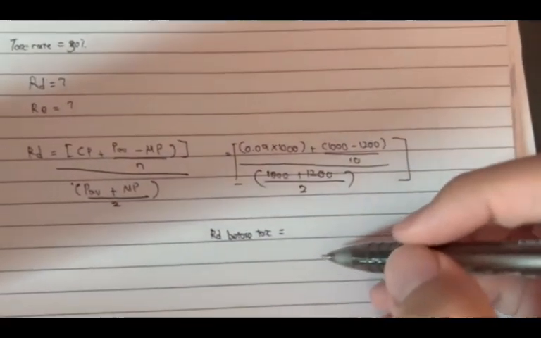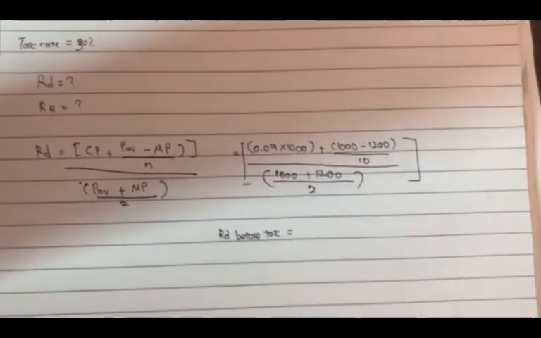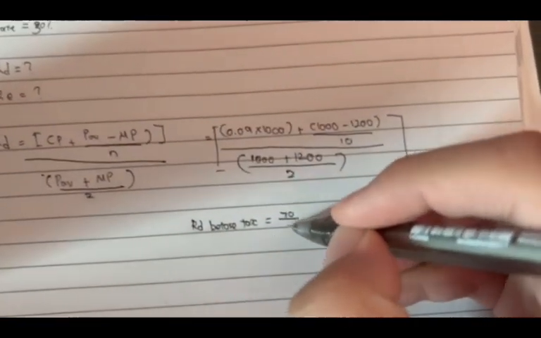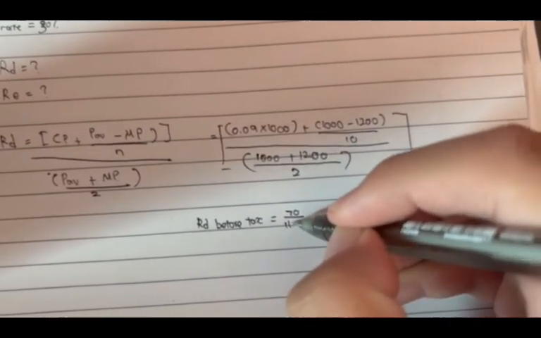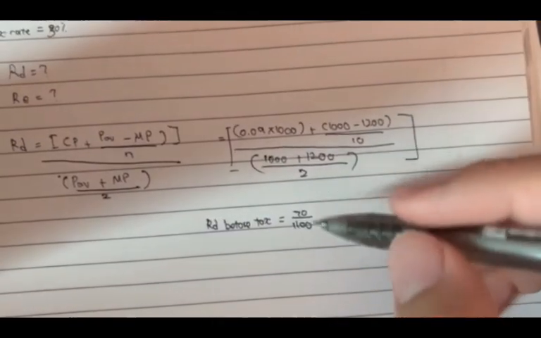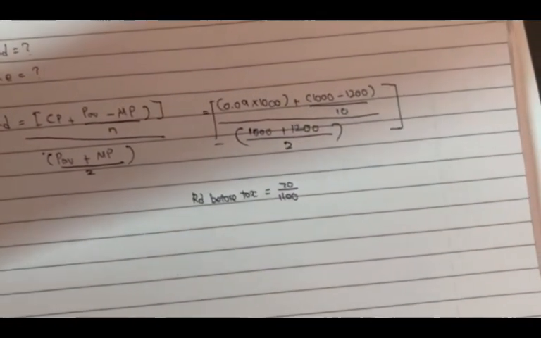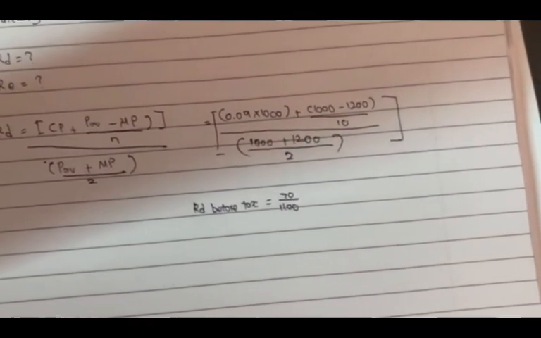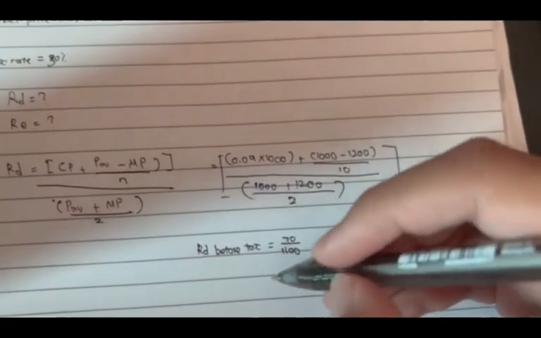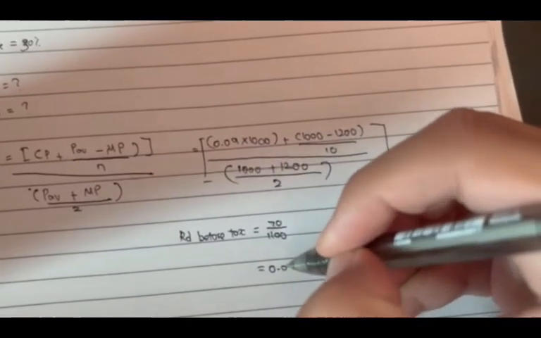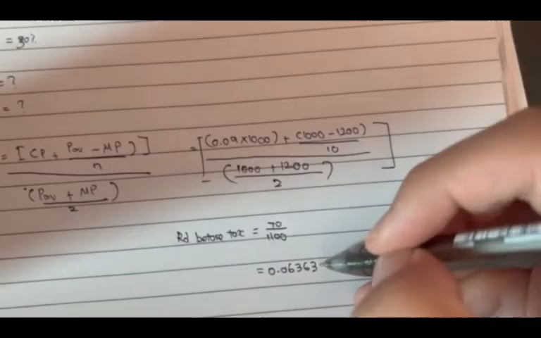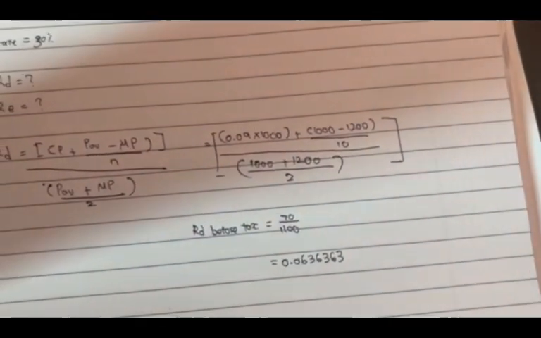Based on the question, you will get 70 over 1100, and that will be 0.06363.